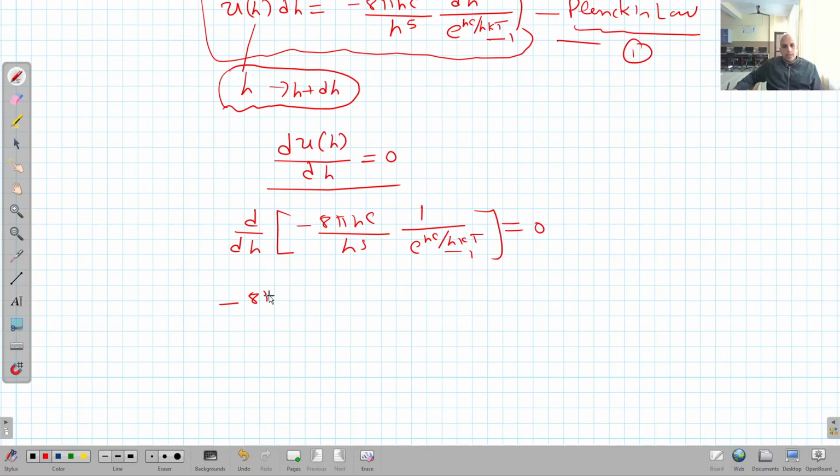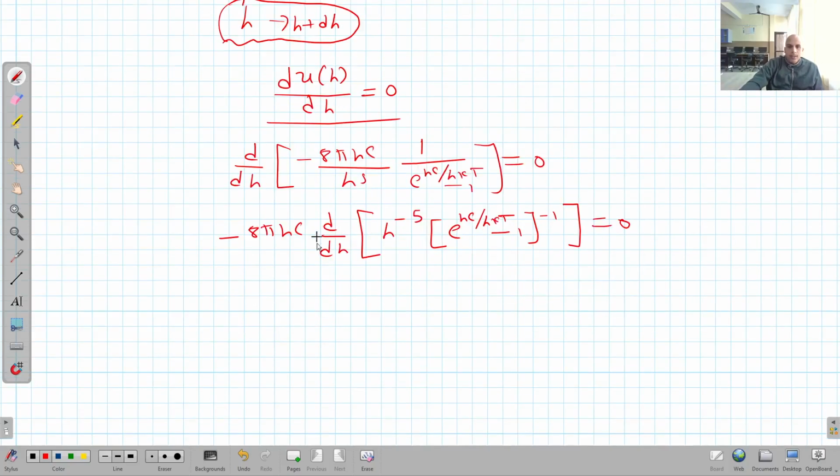Minus 8 pi hc d upon d lambda of bracket lambda power minus 5 into e raised to power hc upon lambda kT minus 1 whole power minus 1. This should be equal to 0, right? Now one thing is clear, that pi, h and c are constants, so they cannot be equal to 0, so I'm going to eliminate them, right? So now I am left with this term only, right?